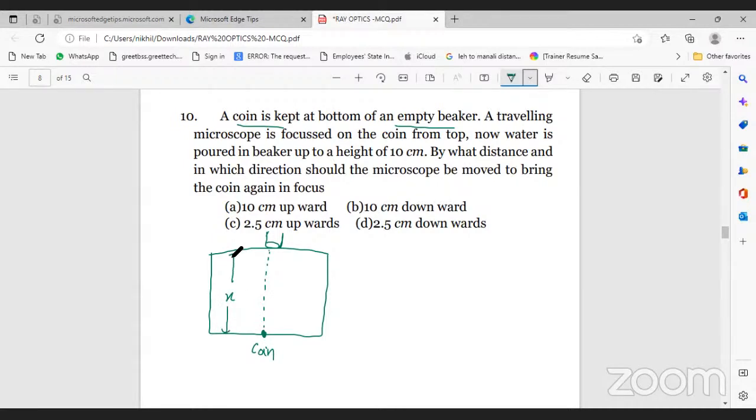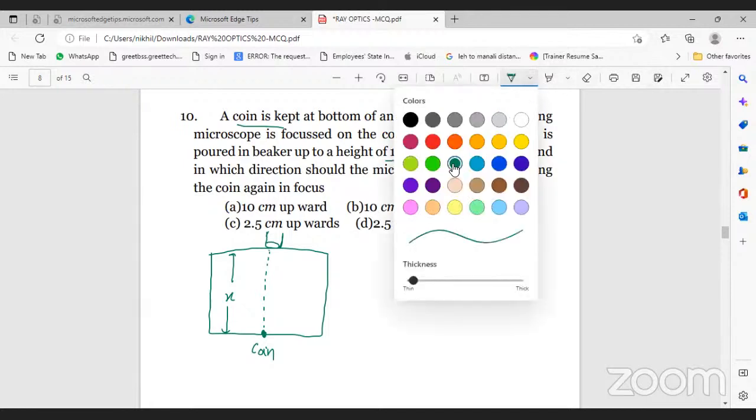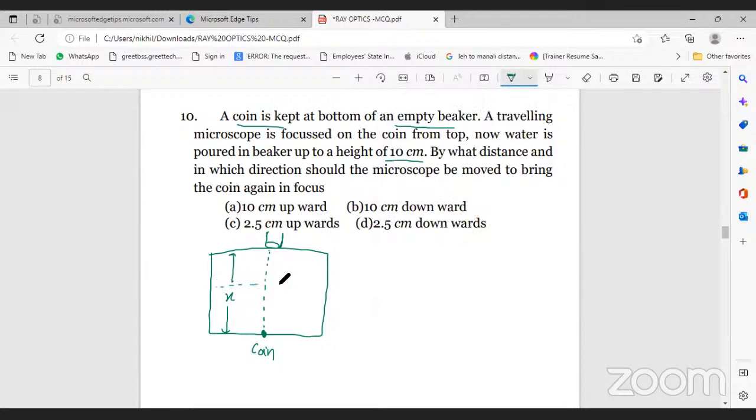Now, if I pour the water up to 10 centimeter, because of this medium, there will be a shift in the coin, right? Yes, sir.